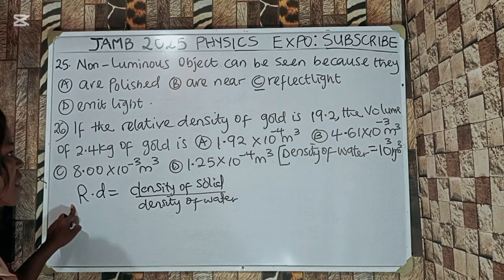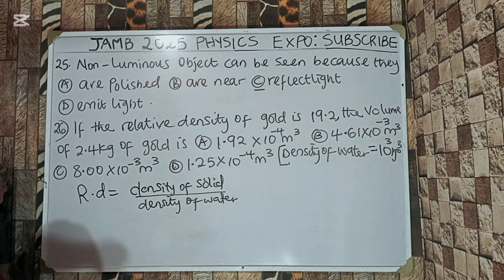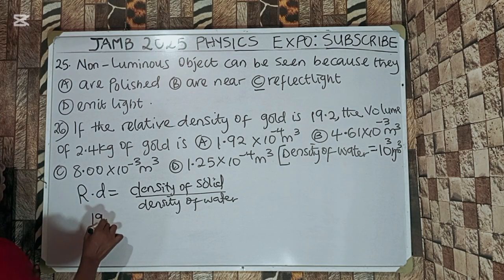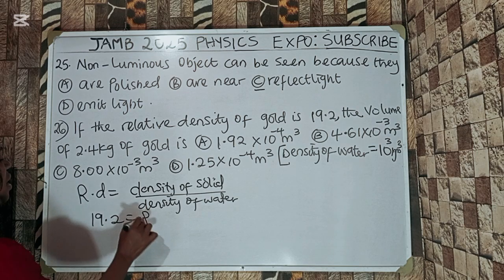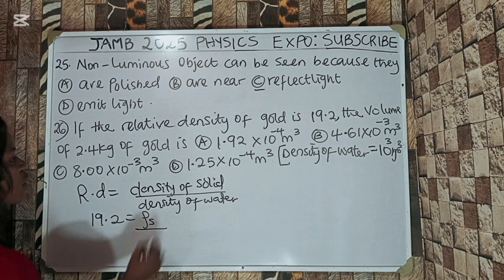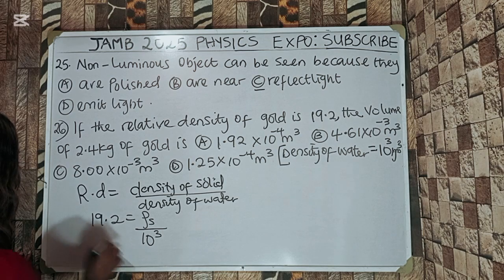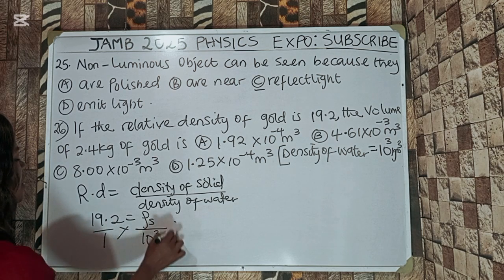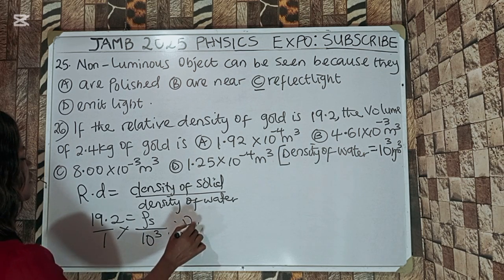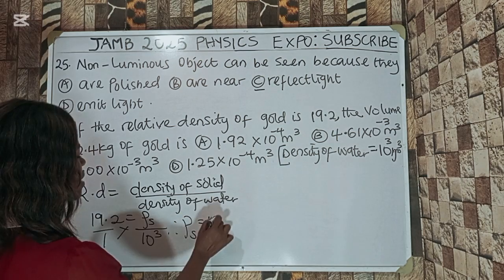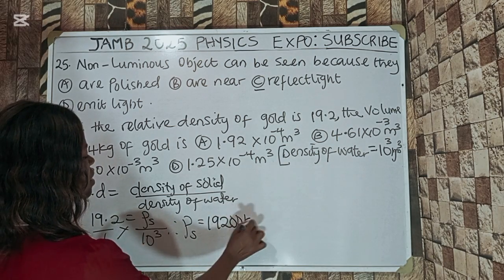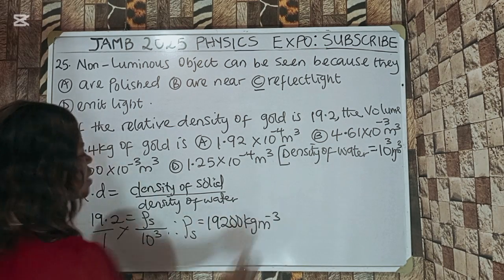Now we have given the relative density to be 19.2, so we say relative density 19.2 is equal to the density of solid, which we don't know, over the density of water, which is 10 power 3. Okay, so let's cross multiply. Therefore the density of solid is equal to 19,200 kilogram per meter cube, right?